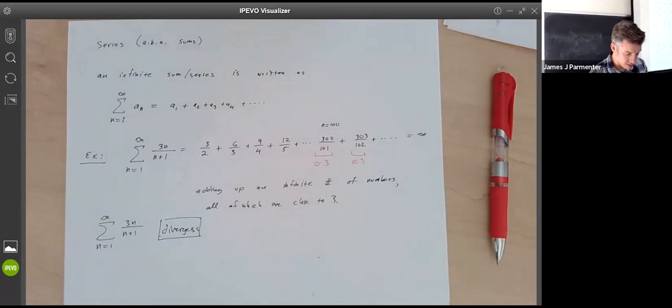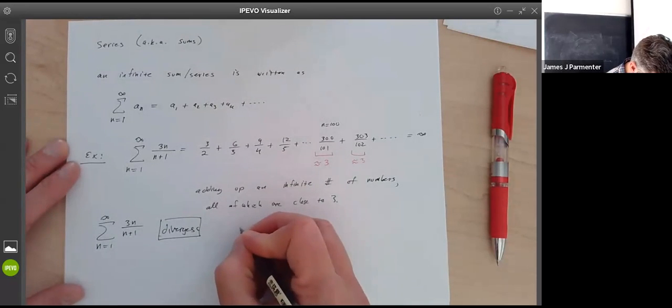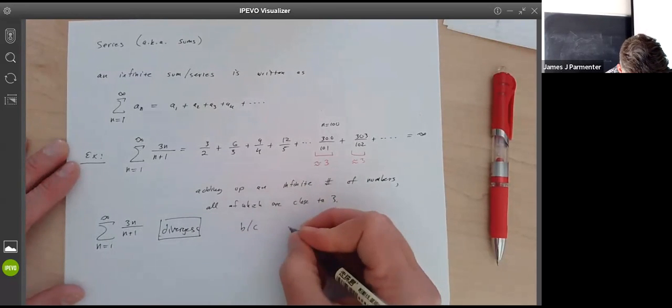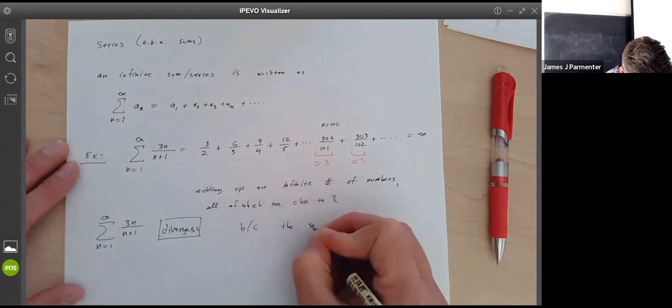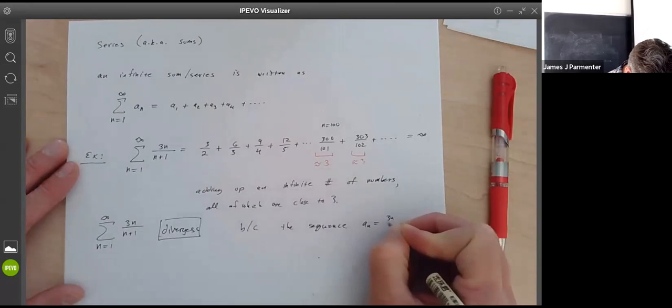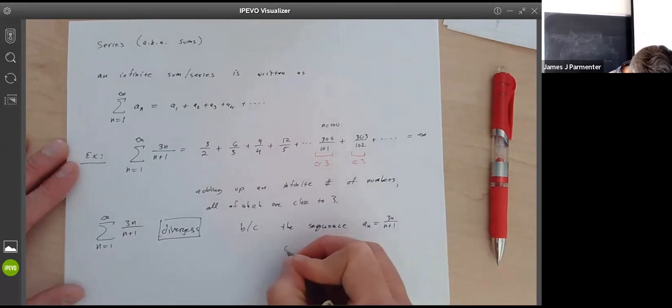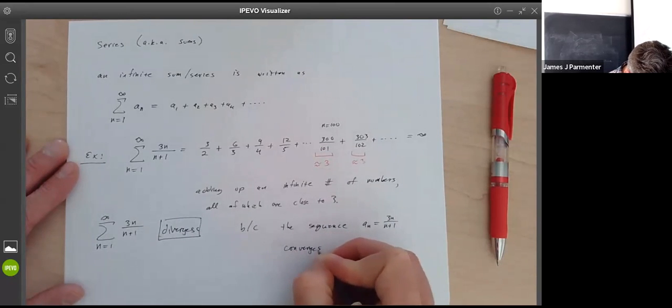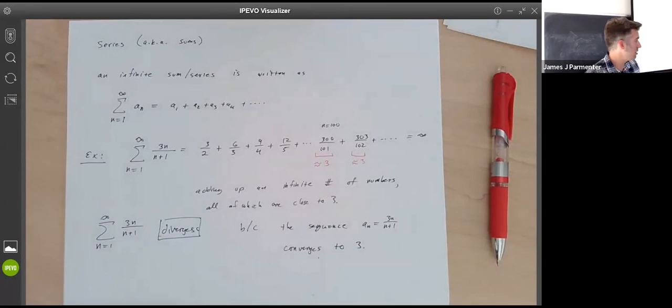I should also mention, it's because the sequence a sub n equal to 3n over n plus 1 converges to 3. Since all the terms of the sequence are getting closer and closer to some non-zero number, that means we're adding up an infinite number of a non-zero number, which is going to get you infinity.